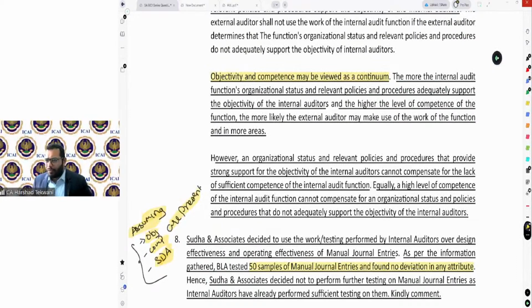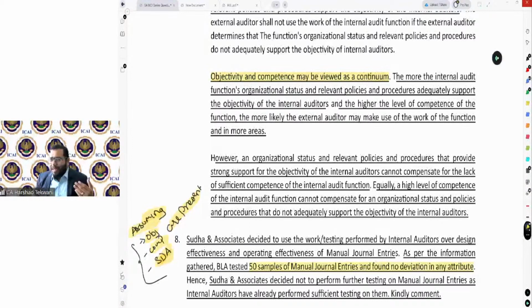Usually it is 25 or 40 samples for control testing when you have a zero expected rate of deviation, that is, a tolerable rate of deviation of zero.